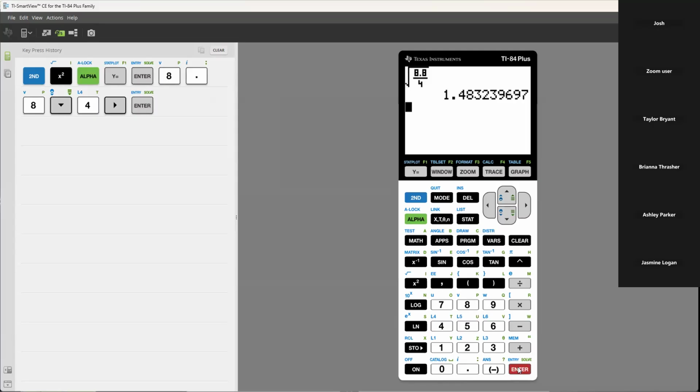Now let me see. They round these to the nearest hundredth. So the nearest hundredth would be where the 8 is. Since that's a 3 after the 8, I would keep that at 8 and make that 1.48.